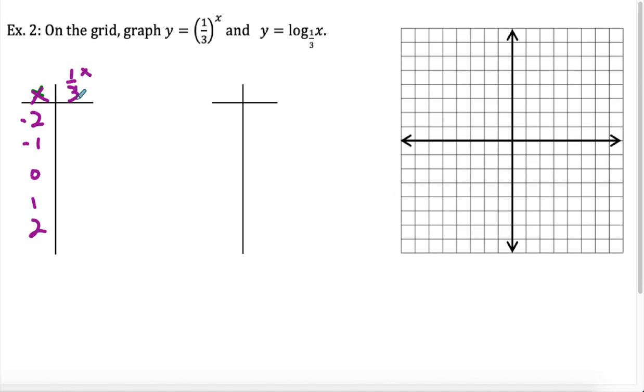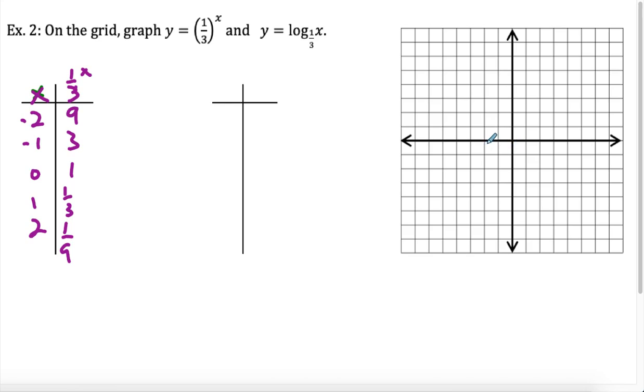So 1/3 to the negative second, I would need to bring that 3 to the negative second to the numerator, and that would be 9. Bring that 3 to the negative first to the numerator, that would become 3. Anything to the 0 power is 1. 1/3 to the first is 1/3, and 1/3 squared would be 1/9.